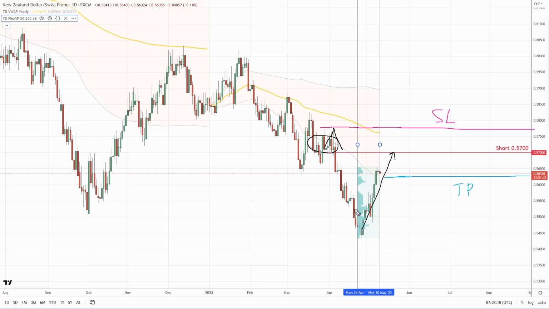Right now there is not any significant volume zone, but that can still change because the price still hasn't hit that level. But that's the way I would recommend looking for the ideal place for the take profit.